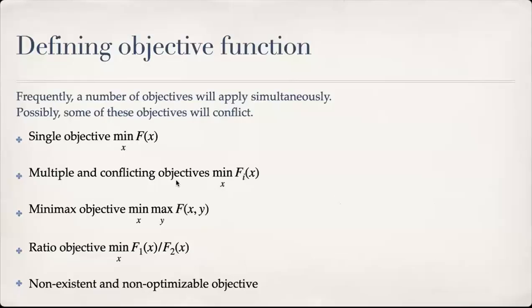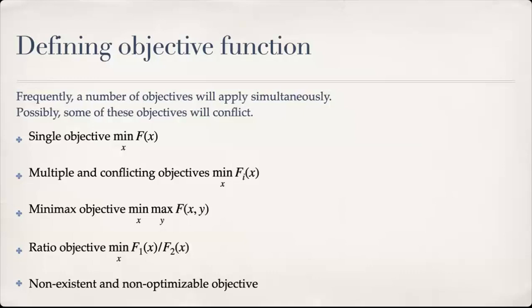Okay, so I explained the minimax objective optimization problem already, right? And the next one is ratio objective. In some cases, imagine that you are dealing with multiple and conflicting objectives, but you have only two objective functions. For example, you want to minimize F1 and at the same time maximize F2.